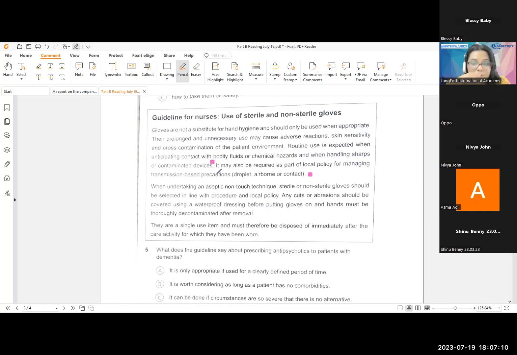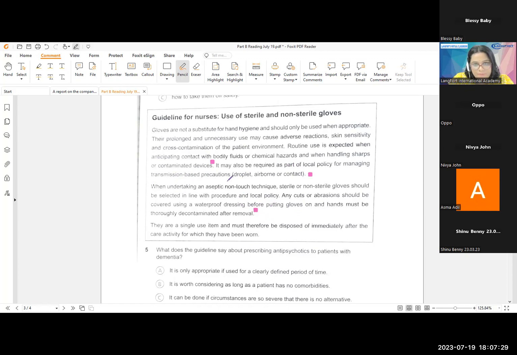So when you're trying to prevent the transmission of certain droplets or airborne problems or contact-related diseases, at that time, based on the local policy, you are required to use gloves at times. Okay, all right. Next, entire paragraph, Blessing, from here to here.